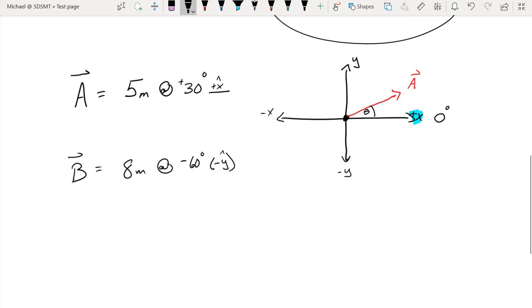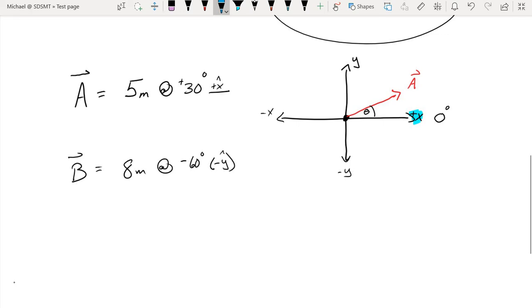Okay, so this one, I need a vector which is 8 meters long. So whatever I draw for vector B is going to have to be longer than vector A. But now I have to measure negative 60 degrees from the negative y-axis.